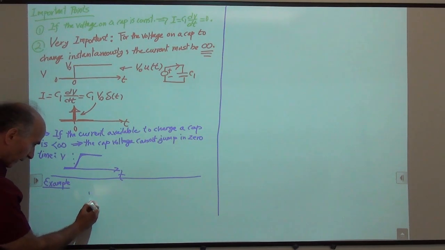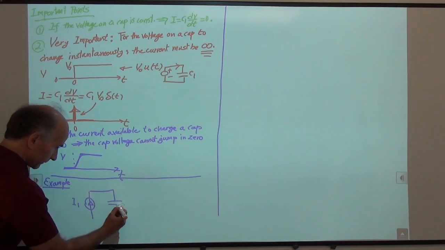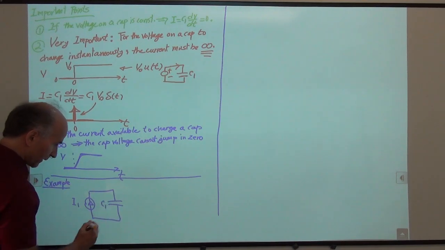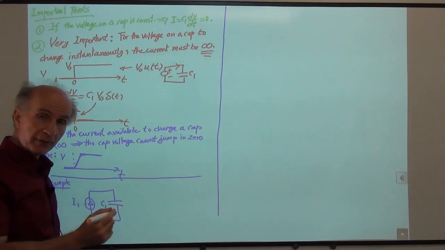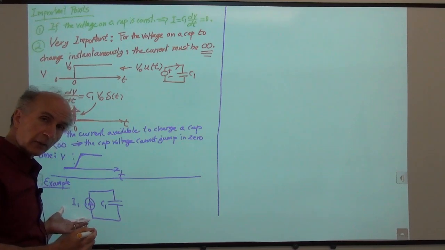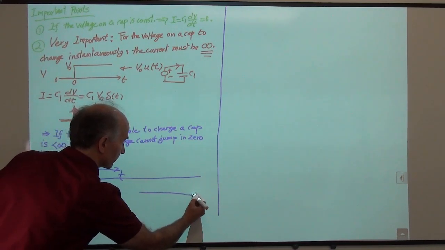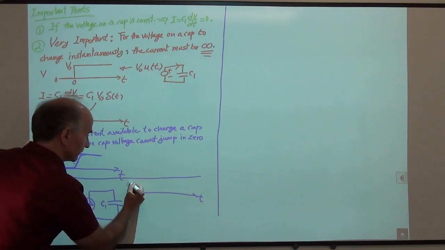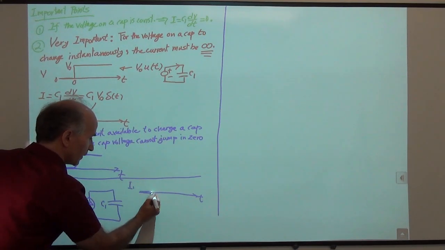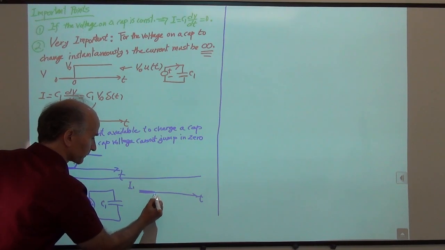In this example, I have a current source, I1, driving a capacitor, C1. And I have a certain waveform for this I1, meaning I1 as a function of time. It looks like this. So I1 is 0 before time 0.